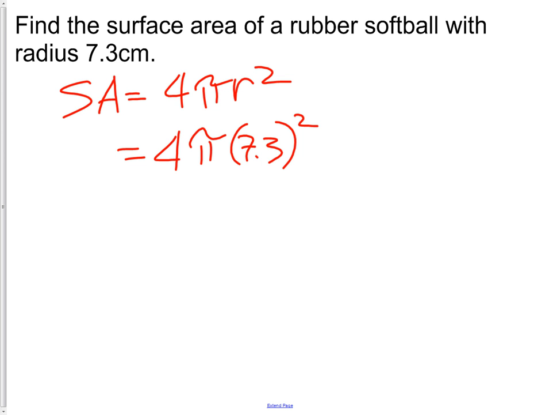Hopefully that makes sense how we're doing that. Once you do that, you're going to get a surface area of 669.66 centimeters squared. That one's pretty easy, right?